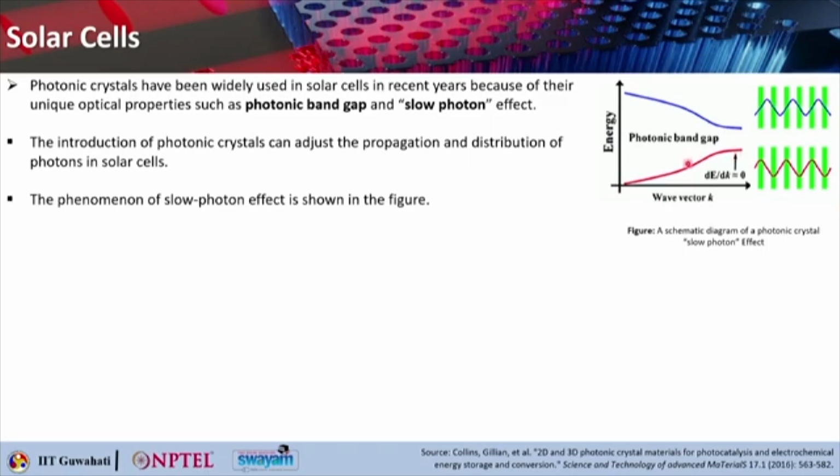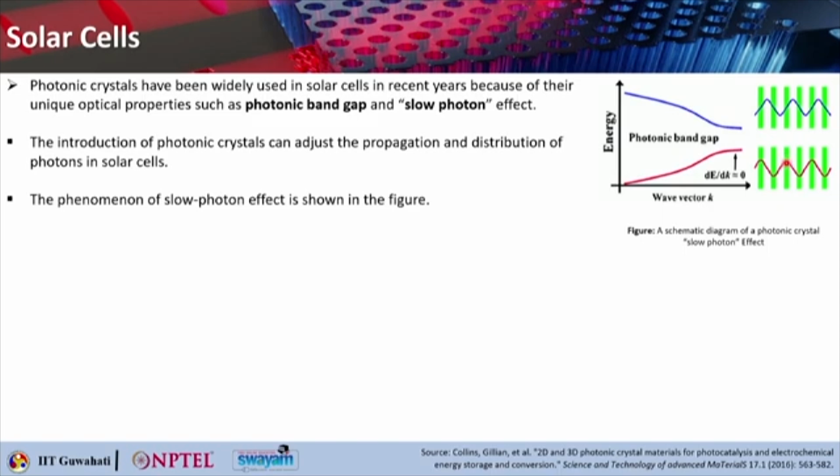So from this figure you can see that the photons at the red band edge of the photonic crystal are mainly concentrated in the high refractive index material, okay. So all the dips are basically in this yellow region, which is the high refractive index material.